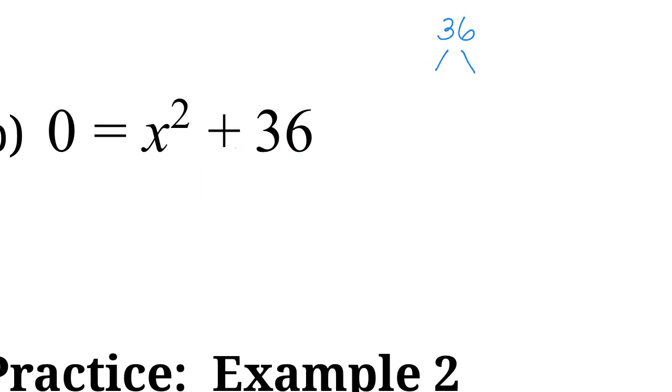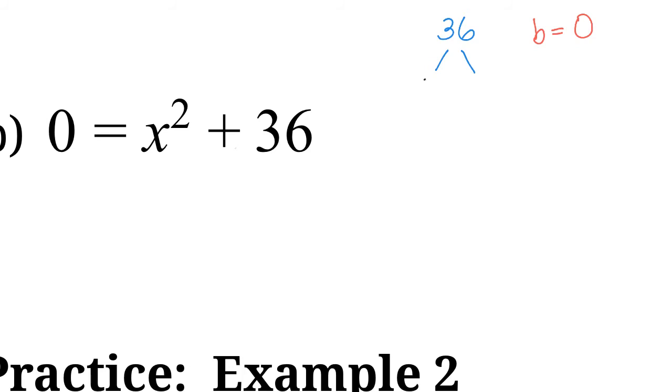So when you are missing a value in the center of your equation, that means your b value is 0. So we have a c value of 36, but we have a b value of 0. So we need 2 numbers that are going to multiply to give us 36, but they have to add together to give us 0. So take a few seconds, think of what number combination could work for this scenario.